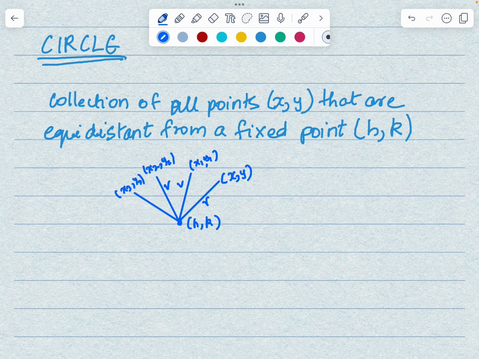Then x3, y3, and I keep doing this, and my condition is that every line from this fixed point h, k is equidistant. Then I join all these points, and you can see that I get a circle.